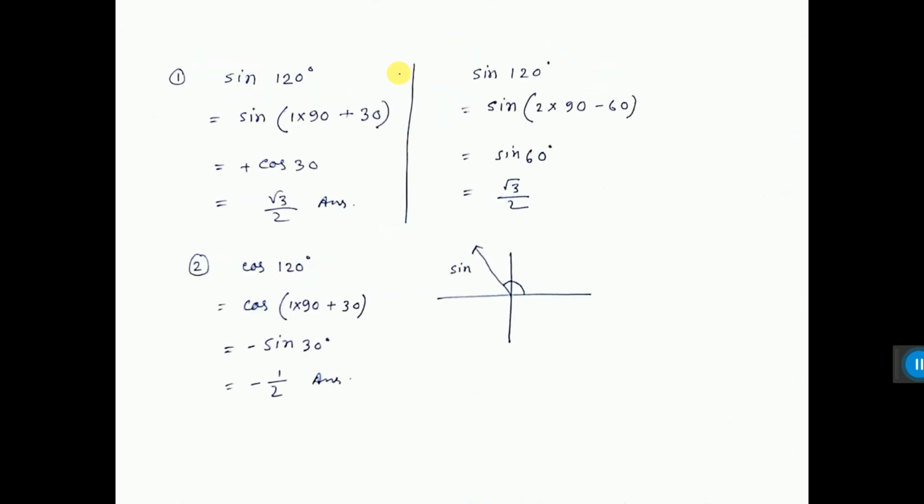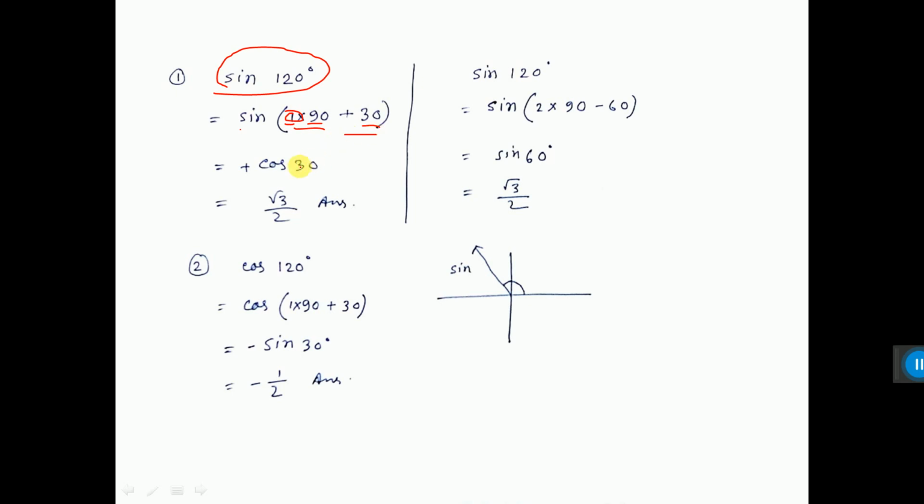Now let me show you one sum and how to do it. Let's say we want to find sin 120 degrees. You can break sin 120 degrees down as 1 into 90 plus 30, because 90 plus 30 is 120 degrees. Now by the last formula I told, sin of n into 90 plus theta will be sin theta if n is even, but here it is odd, so sin will become cos theta.